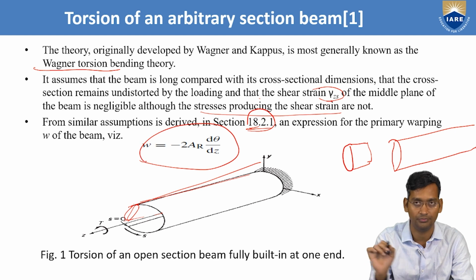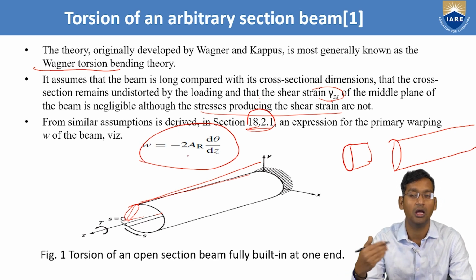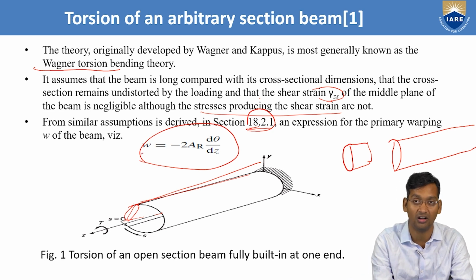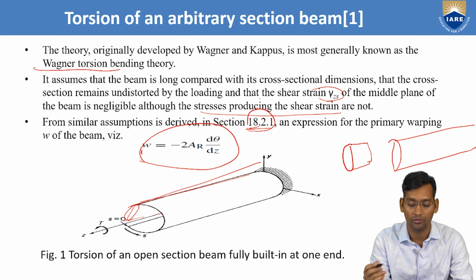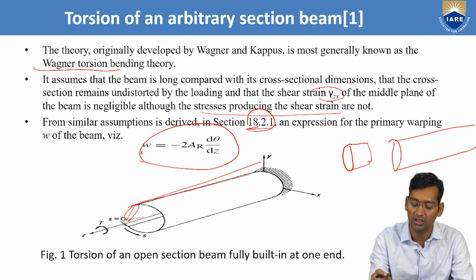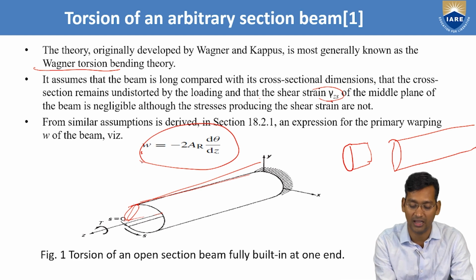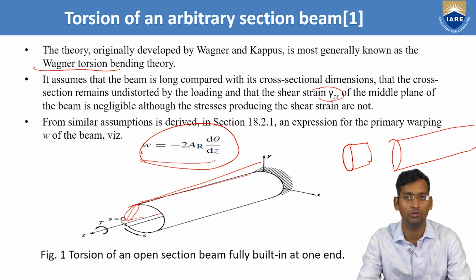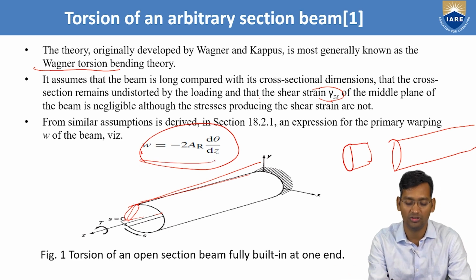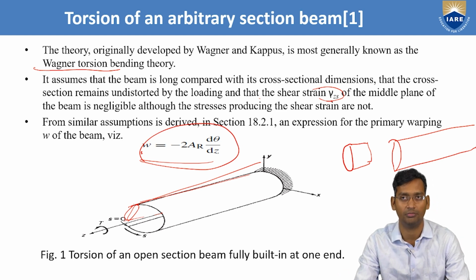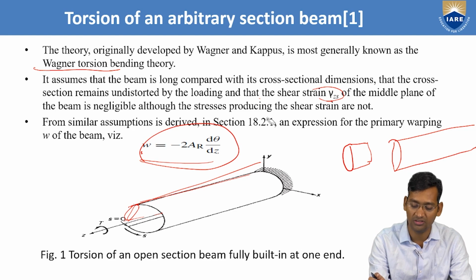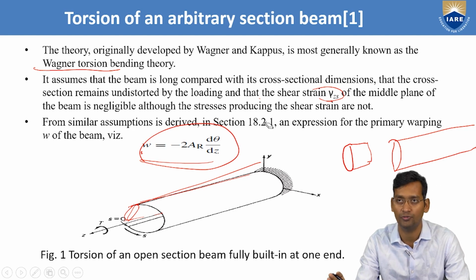For deriving this again, one video itself will be too long, deriving again how this warping W comes about. So I simply mention that in section 18.2.1 you can see how Megson derived this W value, that is the warping value. We will directly use it in our derivation. So you can just refer to 18.2.1.